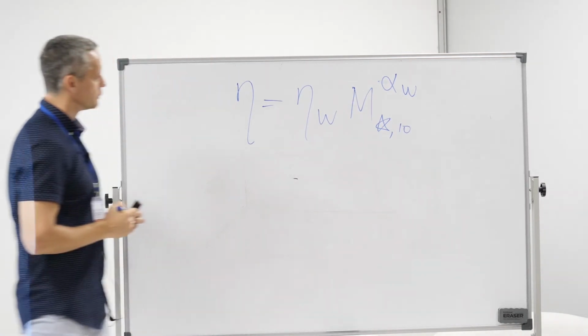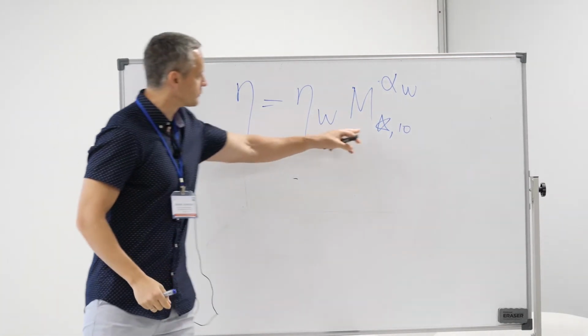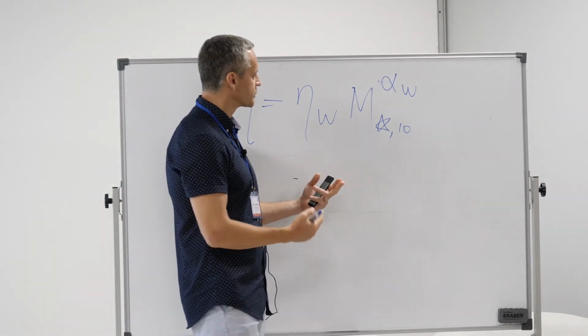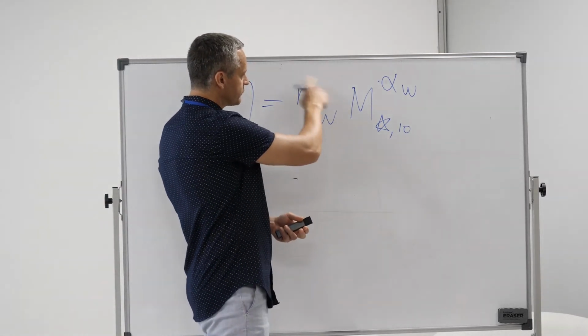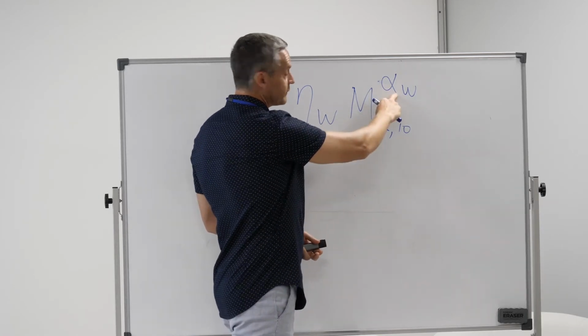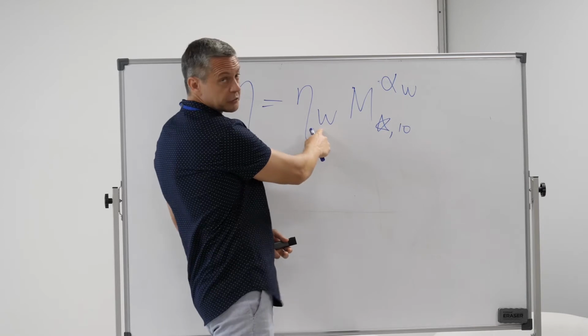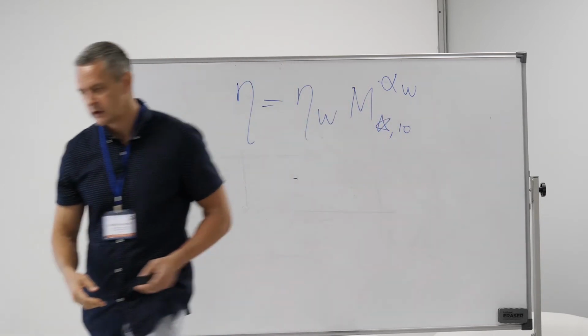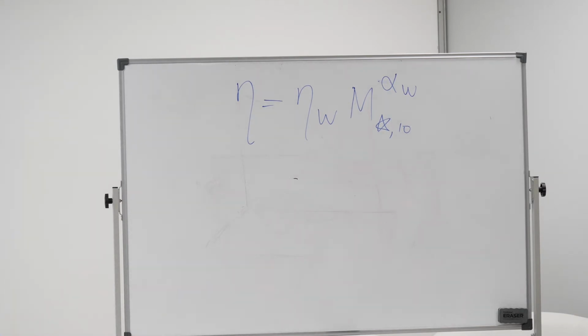So it's a power law model. Eta scales with stellar mass as a power law, and we can make it into no wind by setting eta wind to 0, or we can make it into a constant eta model by setting alpha to 0, in which case it will be just equal to eta wind, right? So this model encompasses both a no wind scenario and the constant mass loading factor scenario.